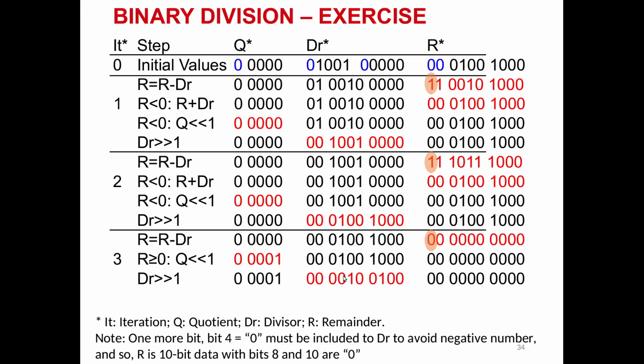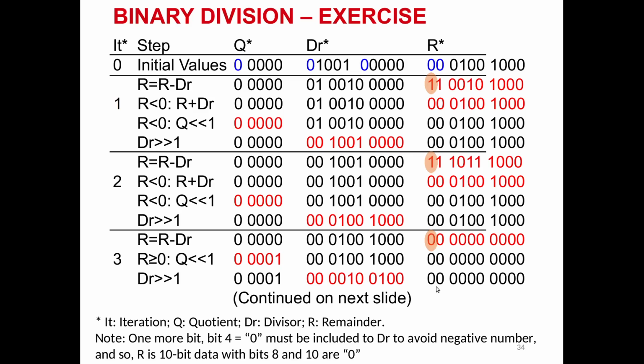And then at the next step in this third iteration, dr must be shifted 1 bit to the right, and it changes to 0 0 0 0 1 0 0 1 0 0. And then we move to the fourth step.